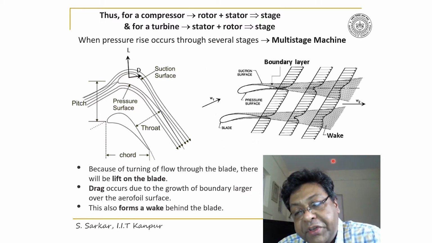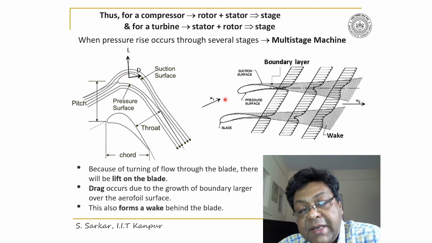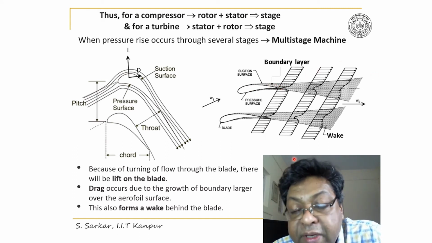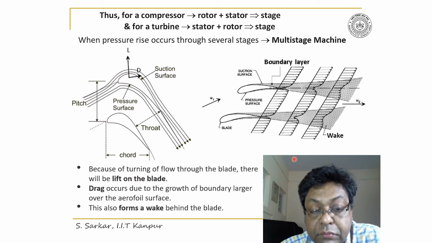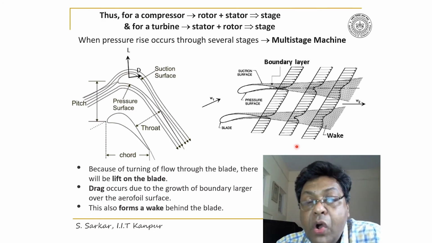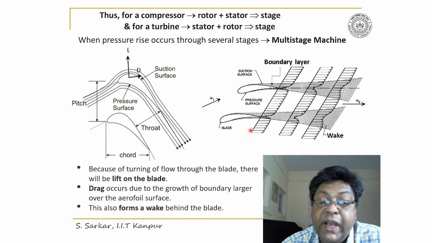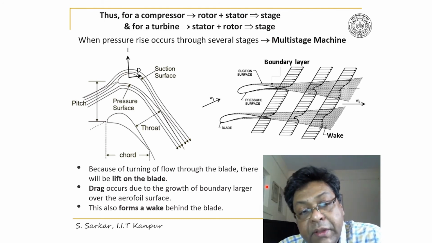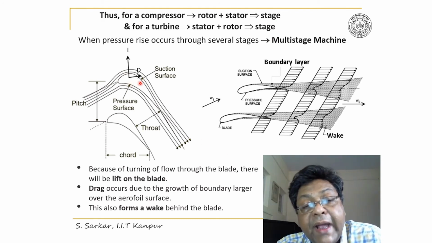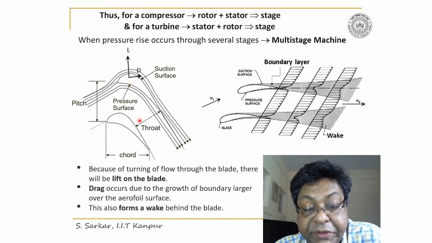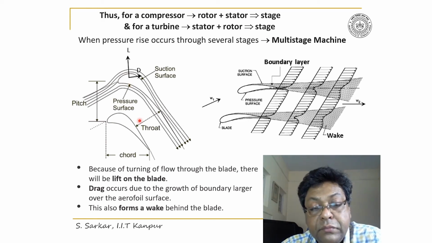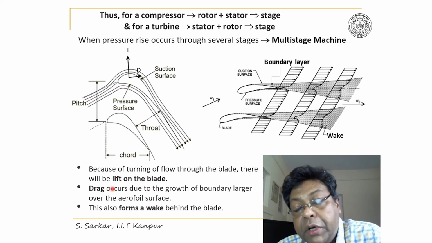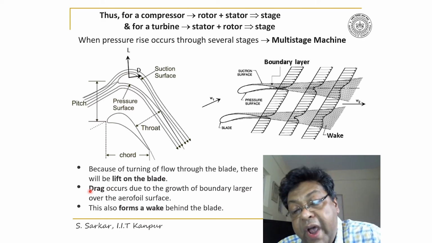This is a sketch which illustrates boundary layer formation and wake development behind the blade. And because of this boundary layer formation and the mixing of wake behind the blade, there will be a loss. Thus, drag will develop on the blade surface. So I have written here that drag occurs due to the growth of boundary layer over the aerofoil surface.